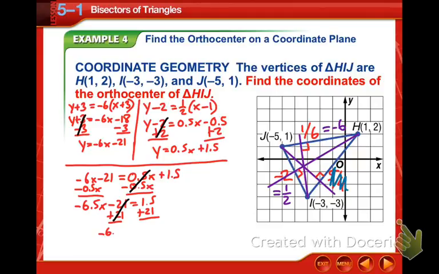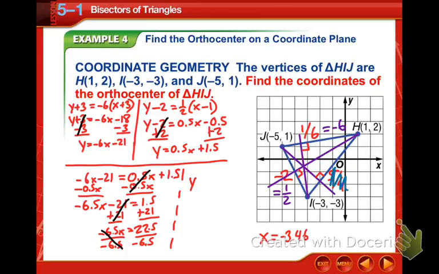And negative 6.5x is equal to 22.5. We divide by negative 6.5. And so our x value, I'm going to write it all the way to the right, is equal to negative 3.46 if you round. Now we need to find our y value. To find that, we can plug this negative 3.46 back into either equation.